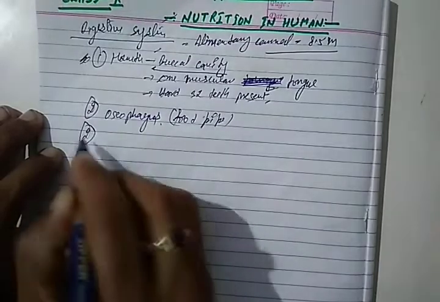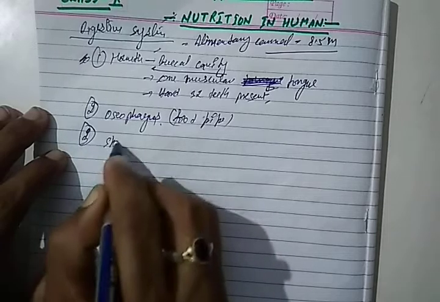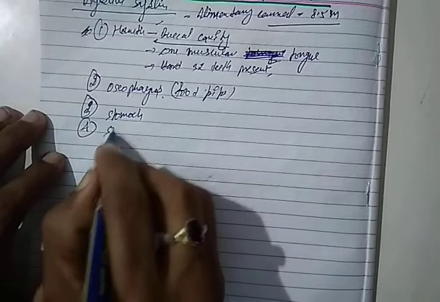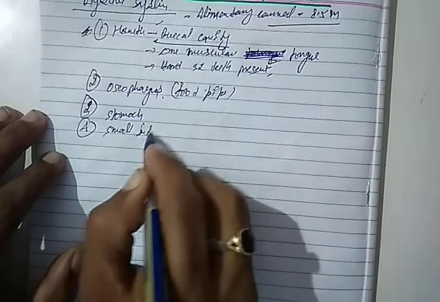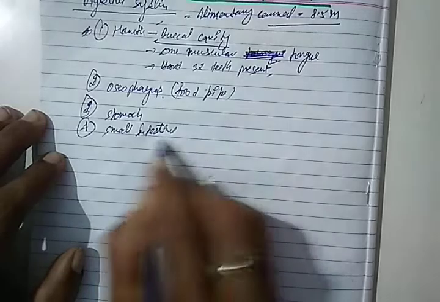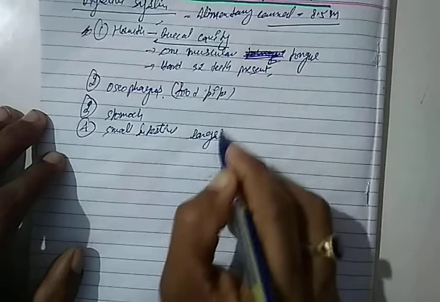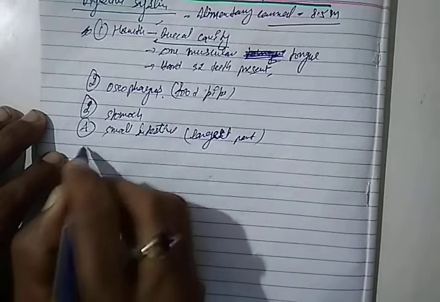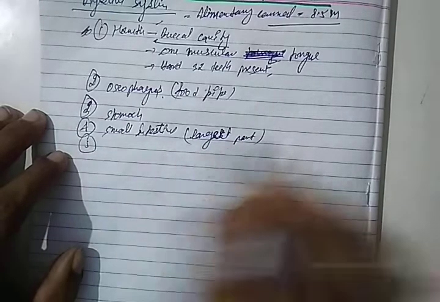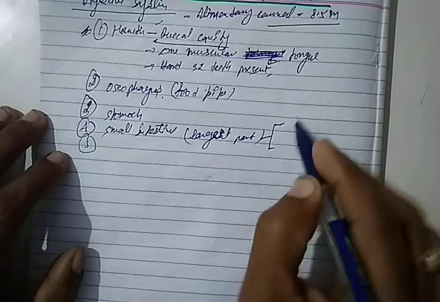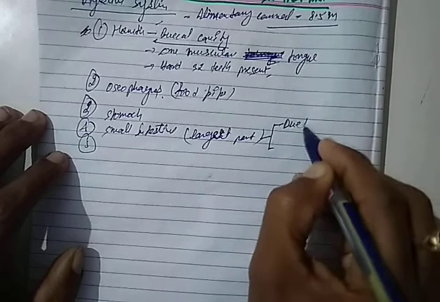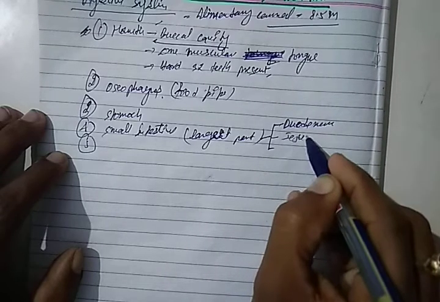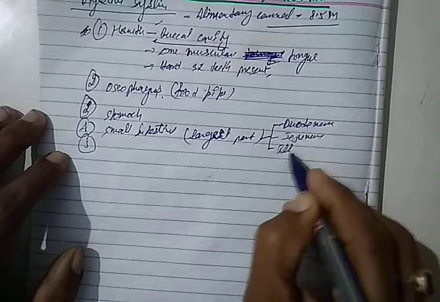Next part is the stomach. Number 4, small intestine. It is the largest part of the alimentary canal, and it can be divided into 3 parts: duodenum, jejunum, ileum.